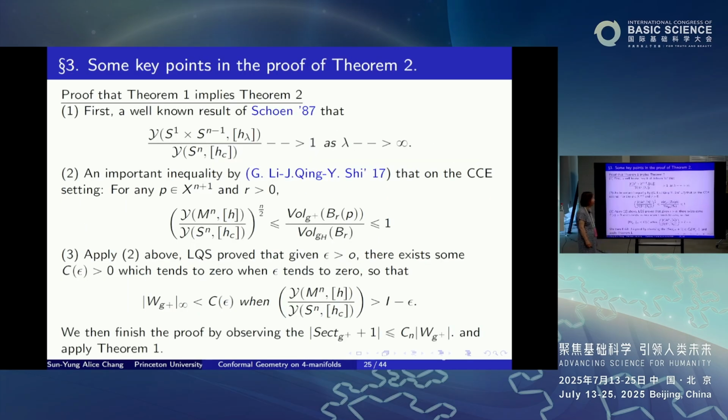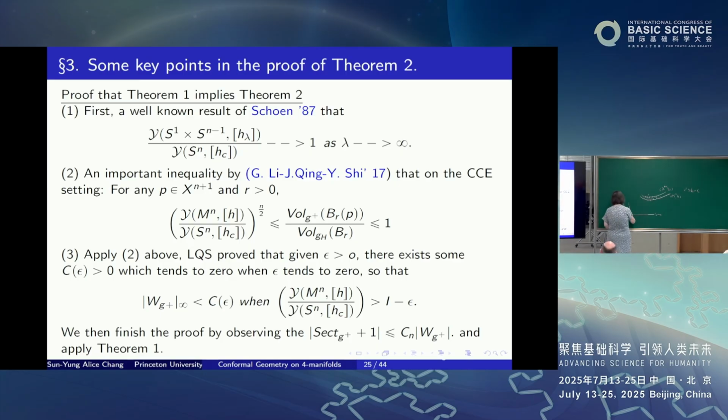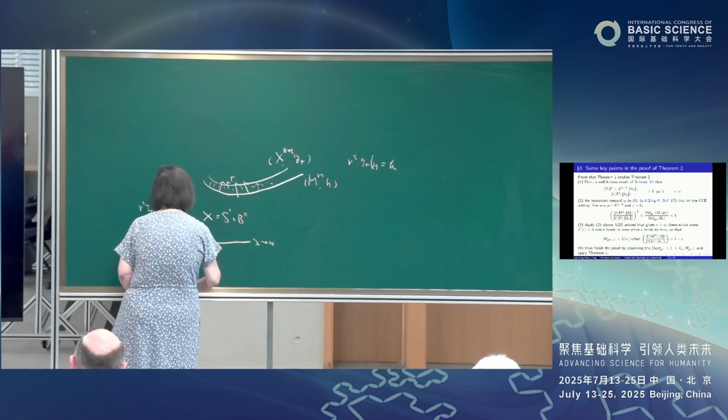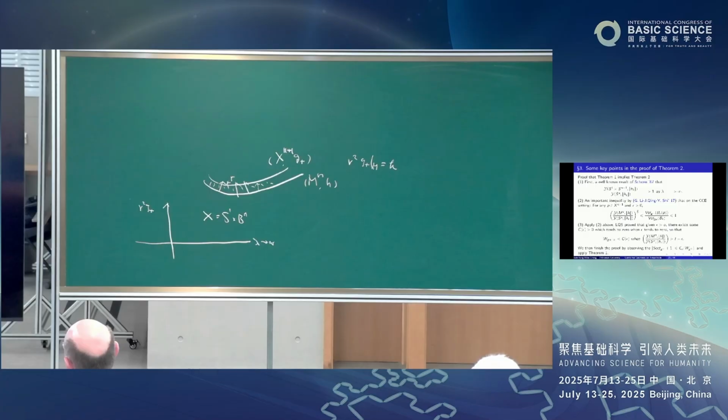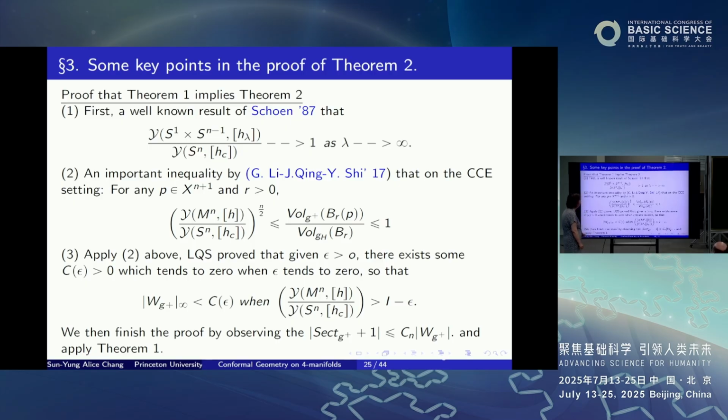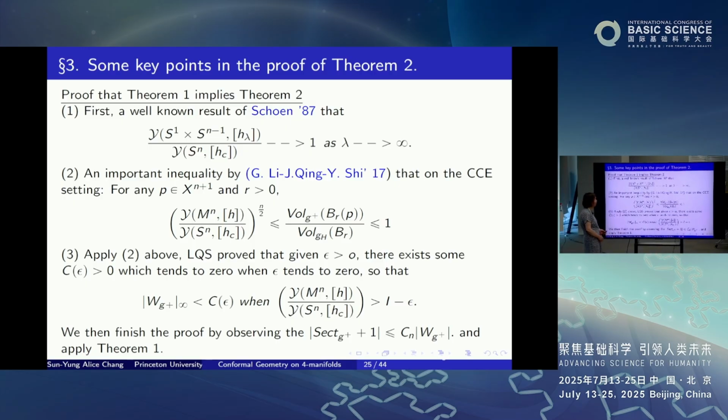So let me say a few words on how theorem 1 implies theorem 2. When lambda is big, then we know the space of this extension is already X, S1 cross Bn. This first, we use a well-known fact, the same result I mentioned before. In this case, the Yamabe constant of S1 lambda tends to 1 as lambda goes to infinity.